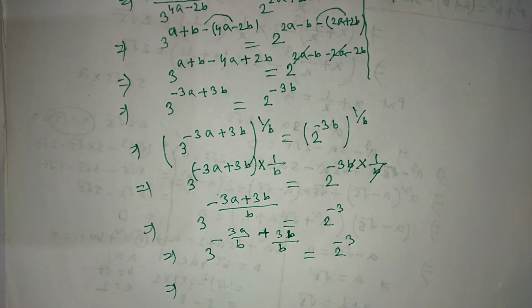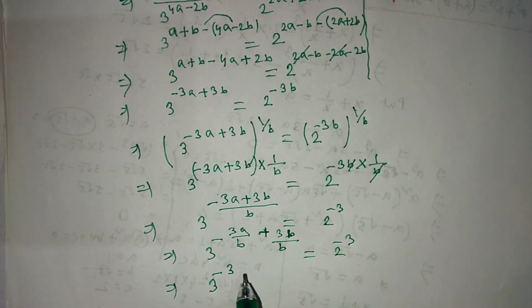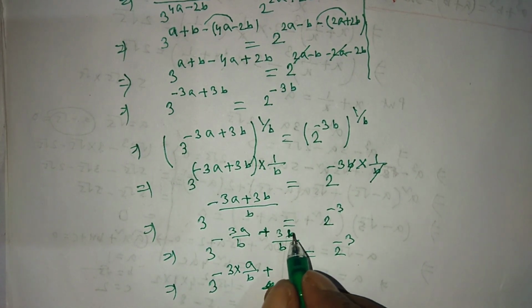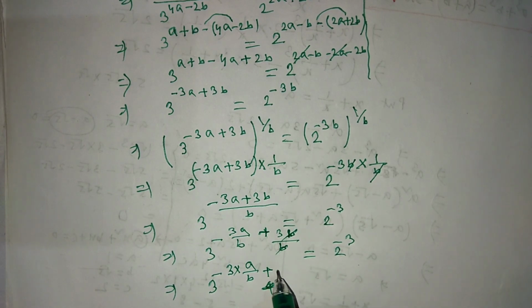So student, after that we have to write in here 3 to the power minus 3 into a by b, plus, b we cancel, so we have to write in here 3.